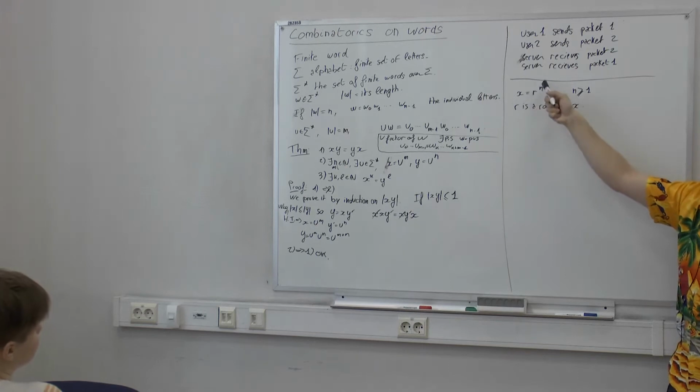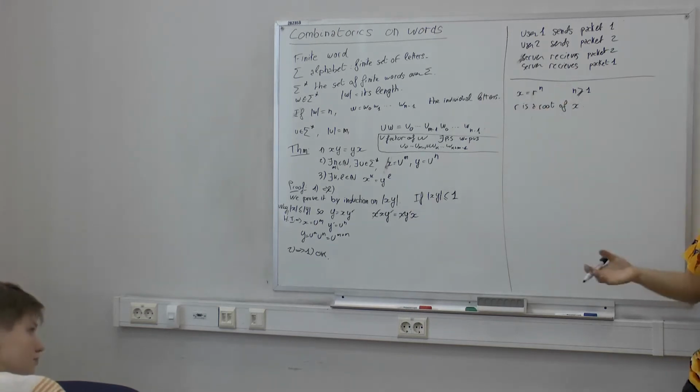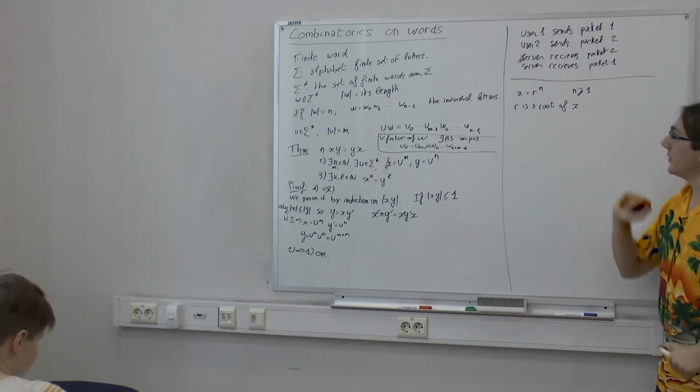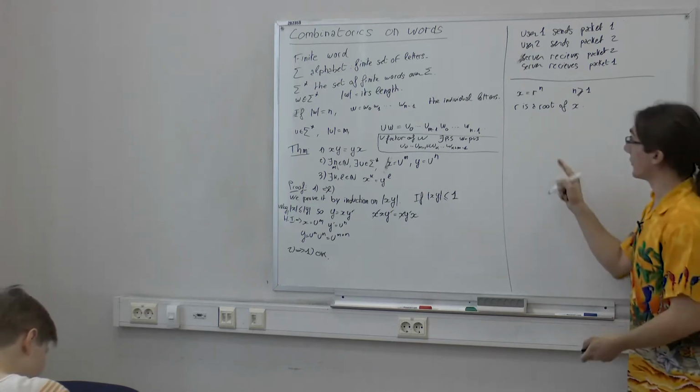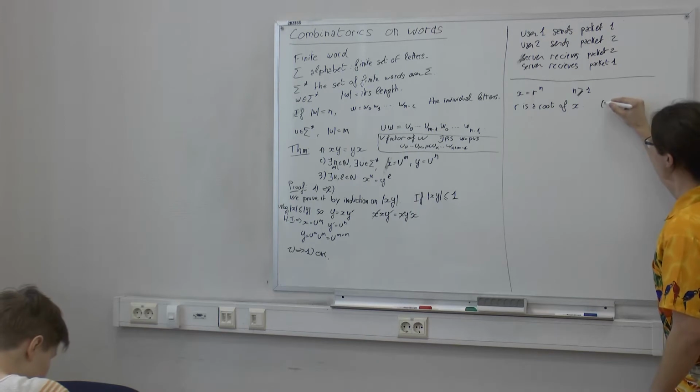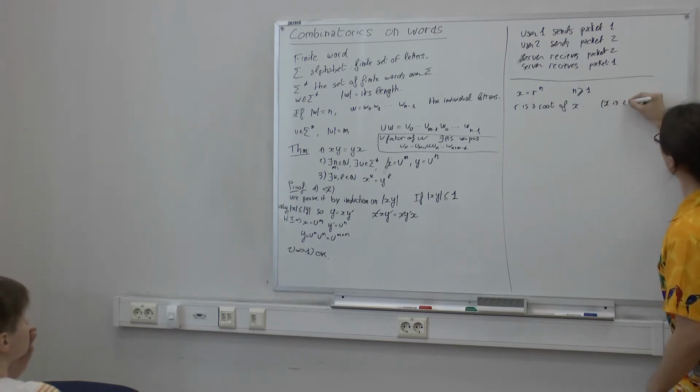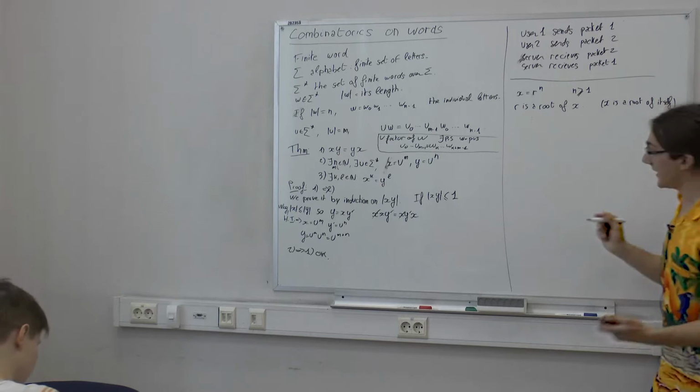X is equal to r squared. Well, r is the root of x, like it should be the square root of x. So in general, r is a root of x, and so in particular, x is a root of itself. This is why I changed it here.